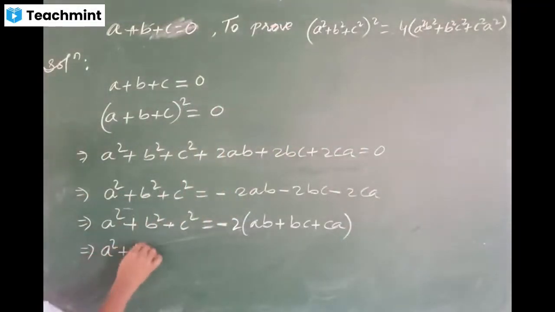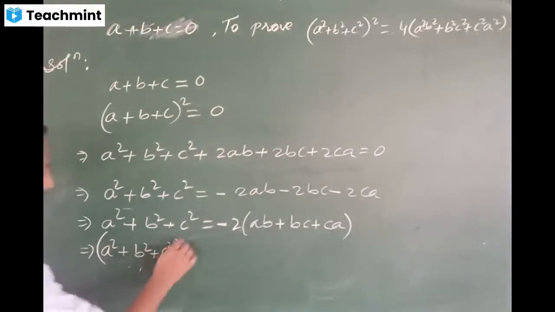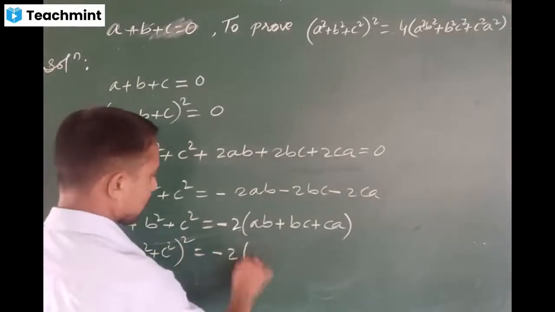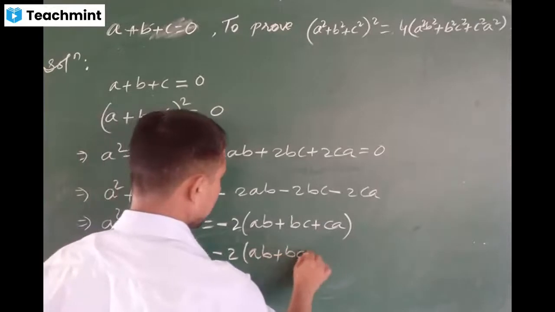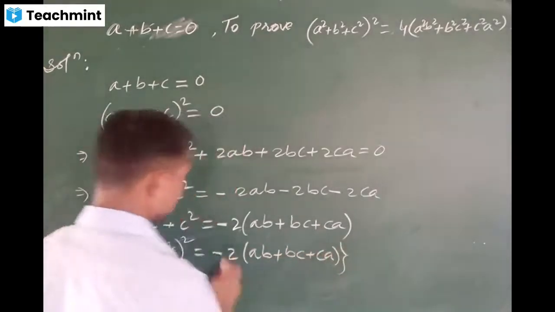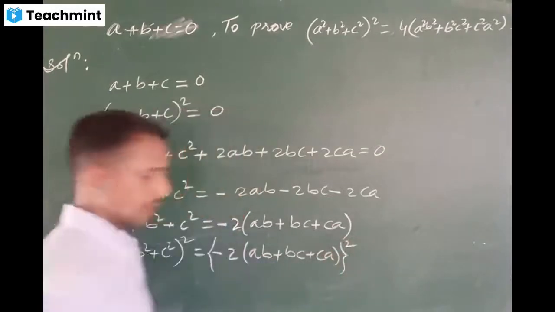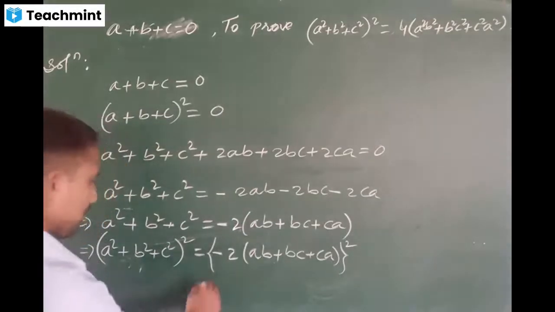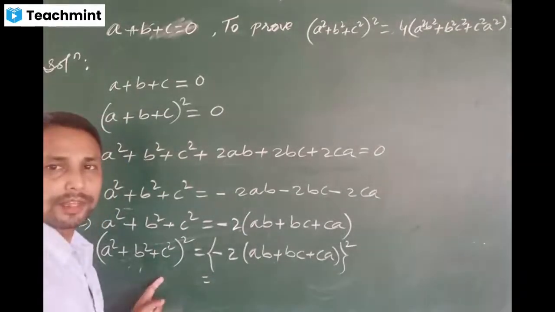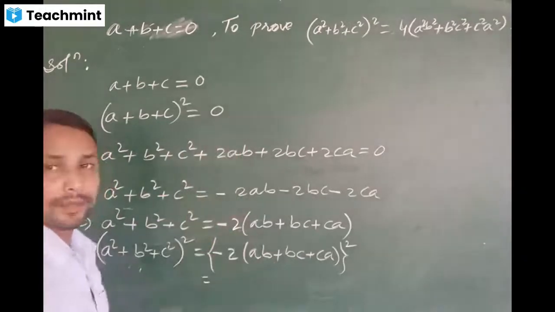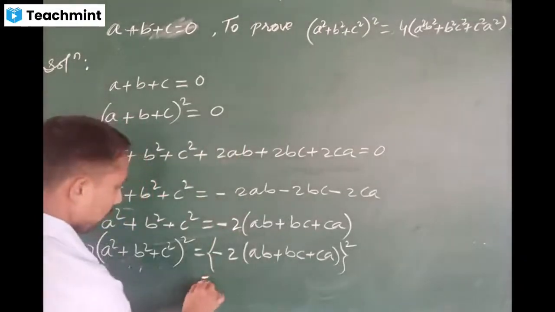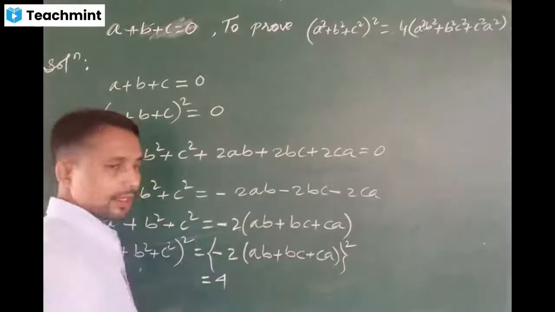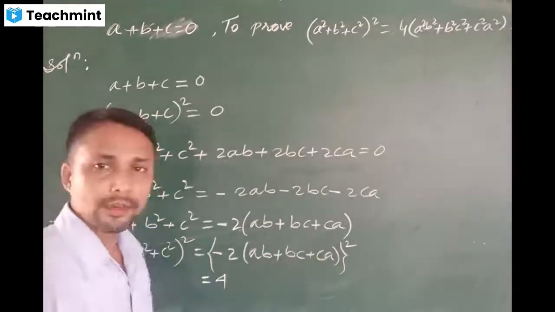(A² + B² + C²)² = (−2(AB + BC + CA))². We already have the left hand side; now the right hand side must give that value. This is equal to 4(AB + BC + CA)².